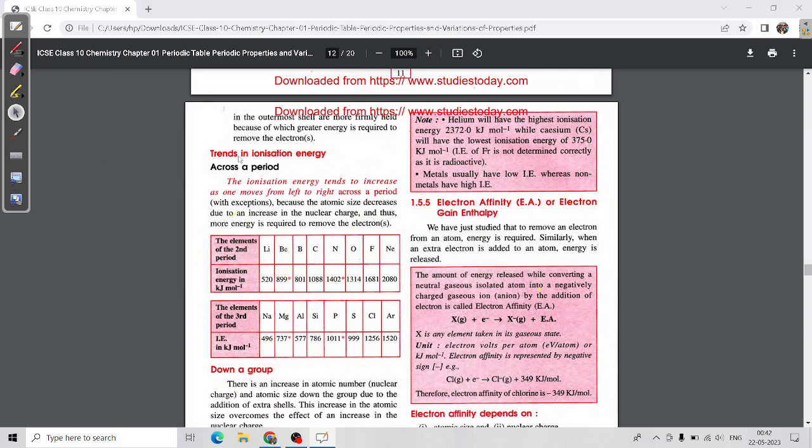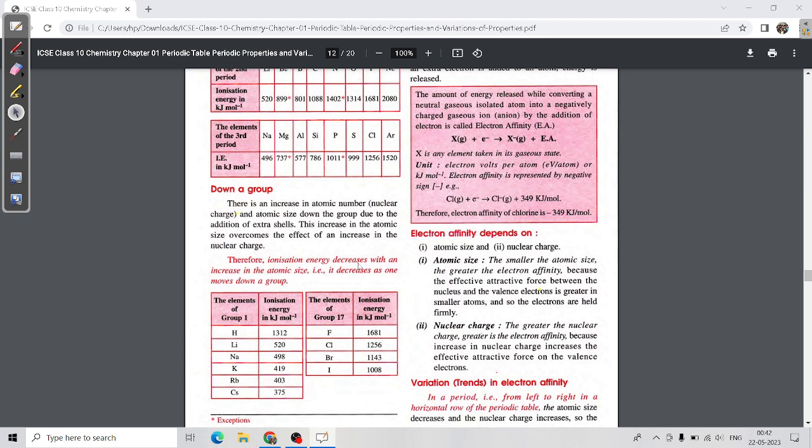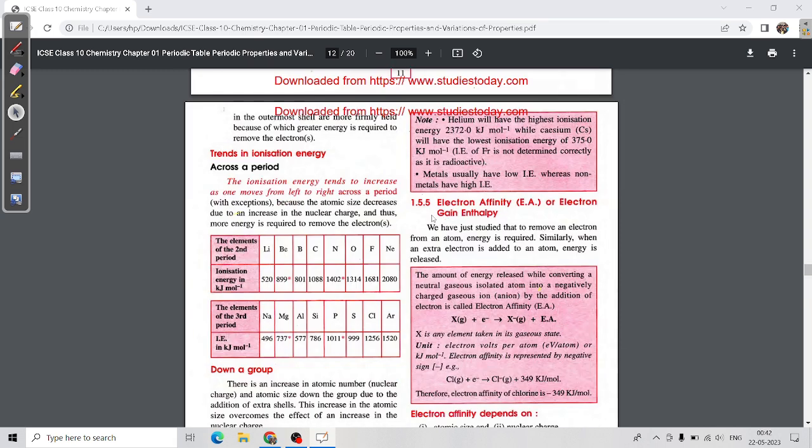Next, as I have taught you this down a group, you have to just understand these trends. And this note is very important here: helium will have the highest ionization energy.